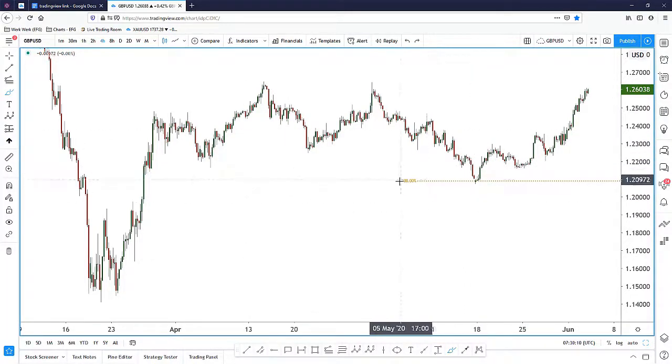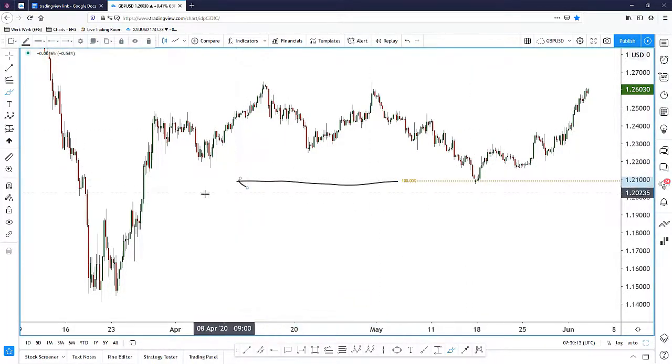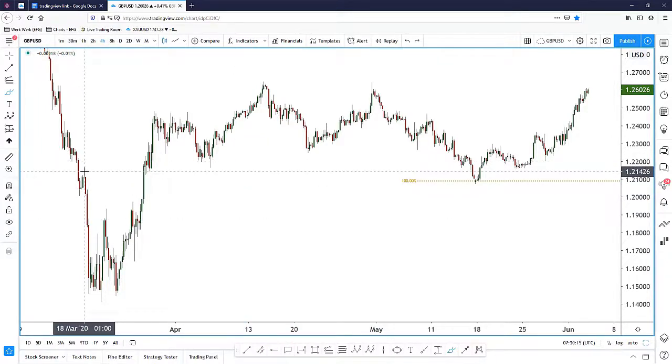Now, if we look further back a bit in the past, we see a supply and demand area here in relation to price movement. You have very strong red candles, and then suddenly a small reversal of green candles, and then after that, very strong red candles again.